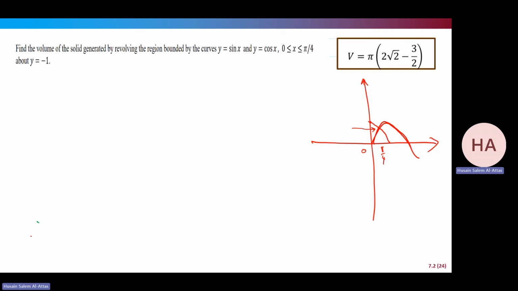And they wanted about what? About the line y equal minus 1. This is y equal minus 1. So I want something perpendicular, so I have this one. This is my line. So R of y, what will it be in this case?